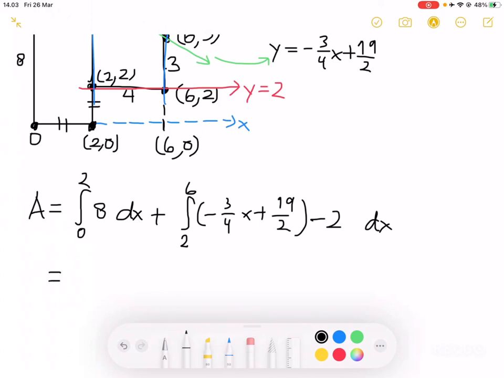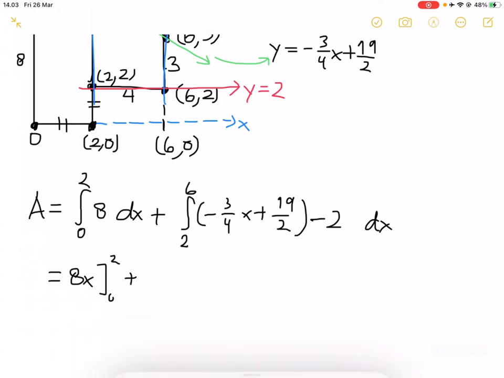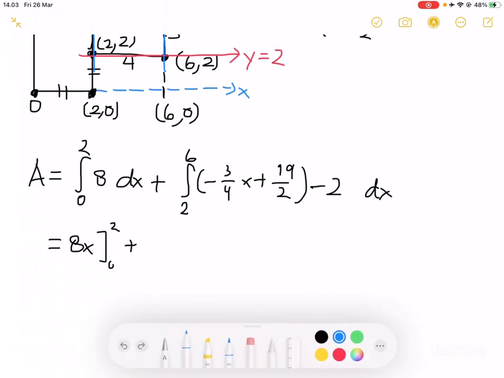Integrating 8 will be 8x. We're evaluating this from 0 to 2, plus the integral of this part. So we're just going to integrate this first. That will be, I'm just going to open a parenthesis, negative 3 over 8 x squared.